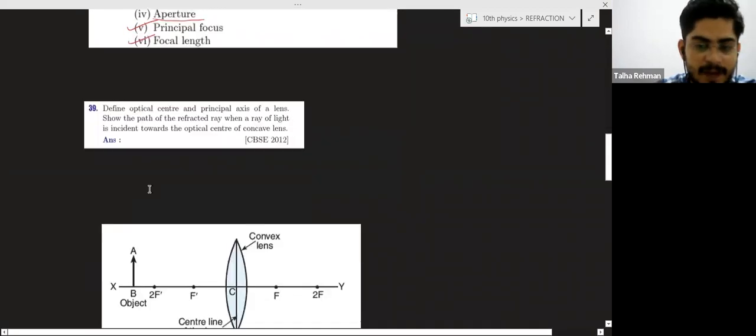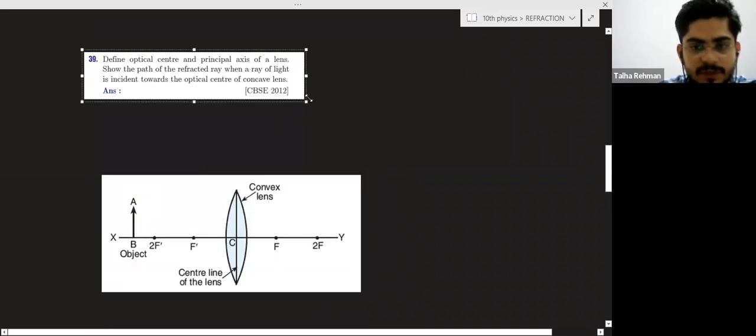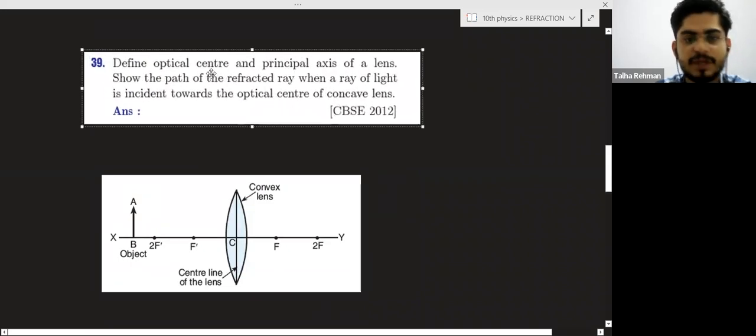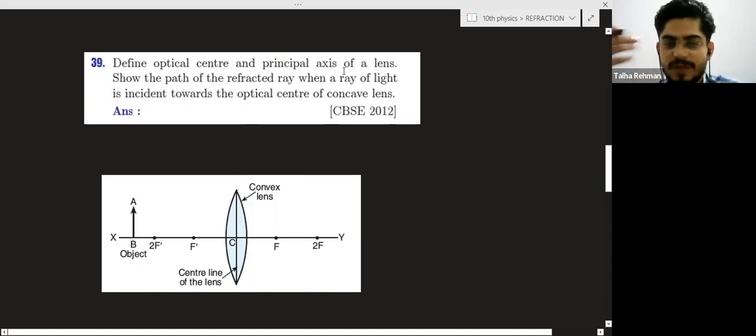And see the last question. In the last question they are saying, define the optical center and the principal axis of the lens. So optical center is the center of the lens, and when a ray passes through the optical center, it will not change its path. They are also asking what is the principal axis of the lens, which we have already discussed.